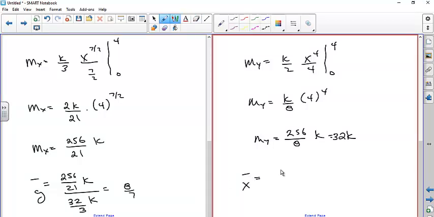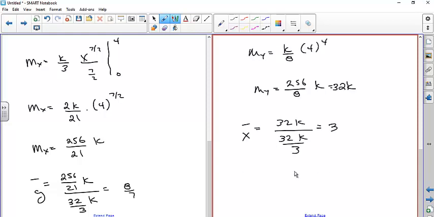So you have 32k divided by 32k over 3, so that you get 3. So the coordinates are going to be 3, 8/7. Okay, let's check this out. That's problem 13. 3, 8/7. It's pretty good.